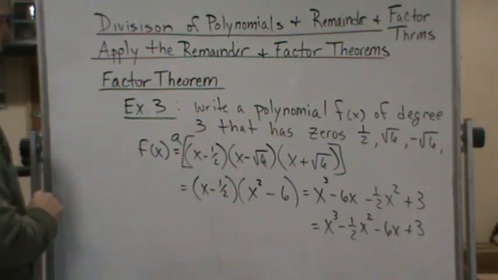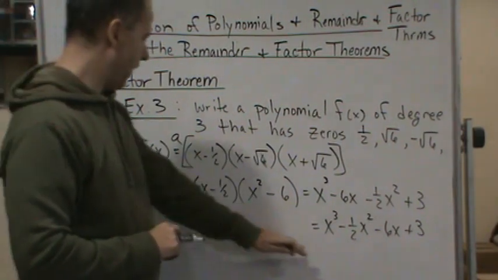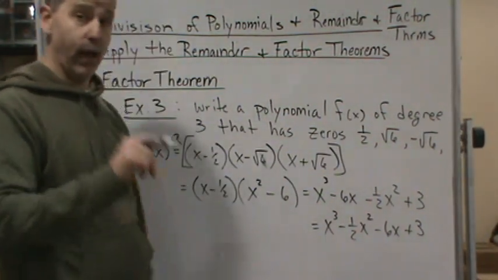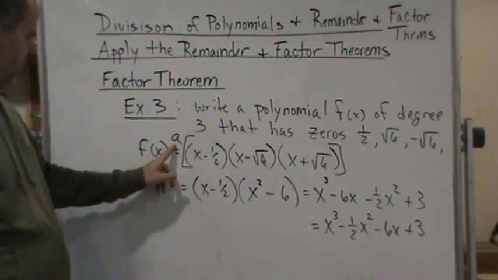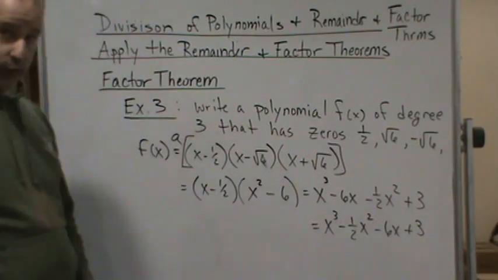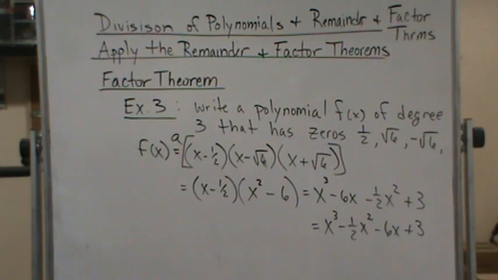In this case here, a is assumed to be 1, but 1 is just one possible answer. I can multiply this by any a value not equal to 0, and I get another polynomial that satisfies the conditions. Okay, so this result I got is not unique.